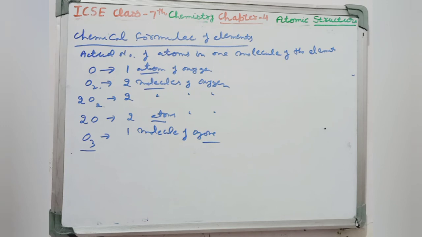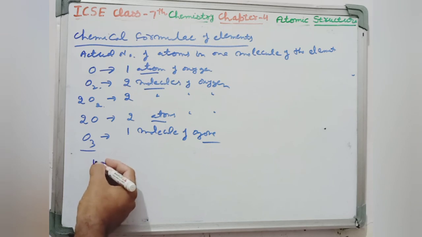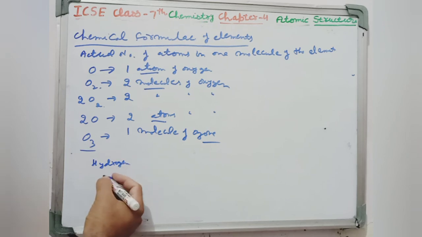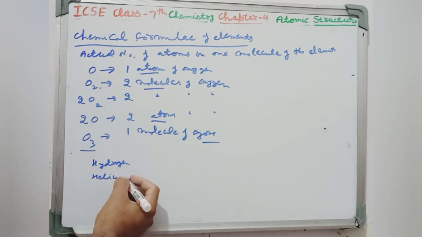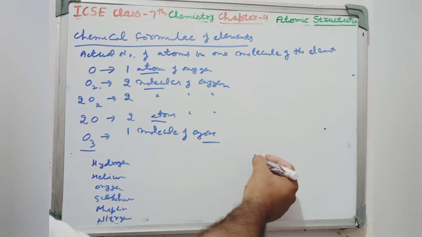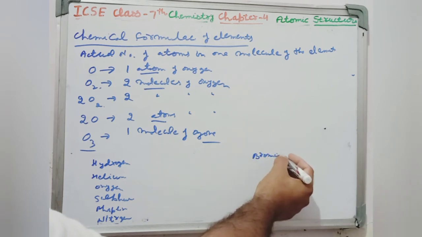Now if I write some common elements like hydrogen, helium, oxygen, sulfur, phosphorus, nitrogen, bromine, chlorine.